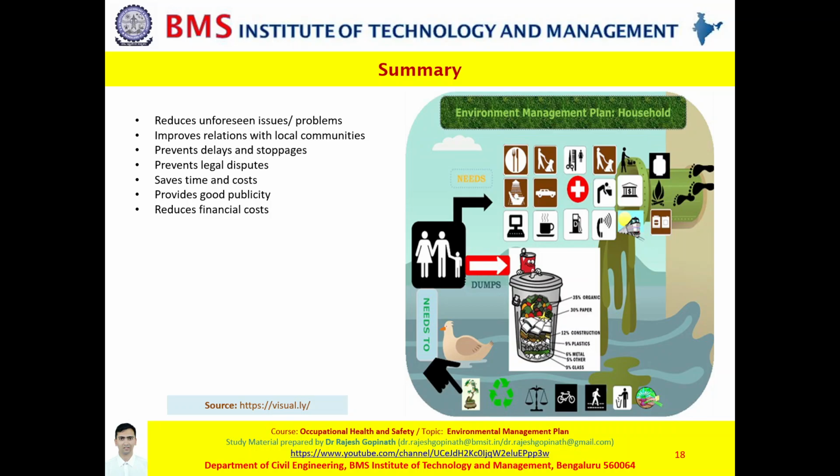Finally, whatever activity you do, irrespective of construction phase, operation phase, or decommissioning phase, it is acceptable and feasible in the context of environmental protection and conservation. And not just that, it saves a lot of money for you because you would not enter into any legal disputes, and you will be saving a lot of money when it comes to waste handling or pollution mitigation. So it is basically like a reference.